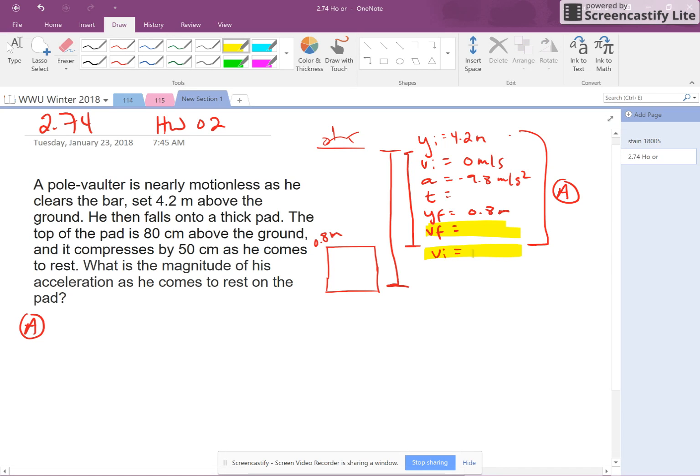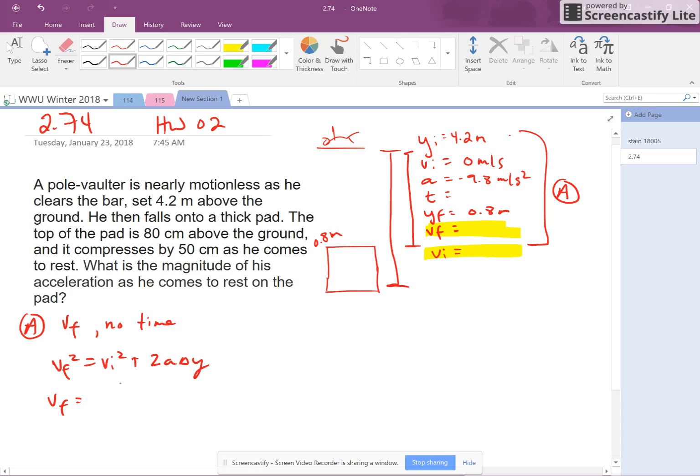So these two velocities will be the same: the final velocity from the free fall is the initial velocity of him coming to a stop due to contact with the pad. If we're trying to find the final velocity and we don't have time, then our velocity squared equation is where we need to go.